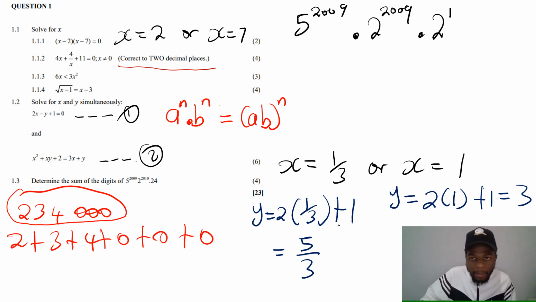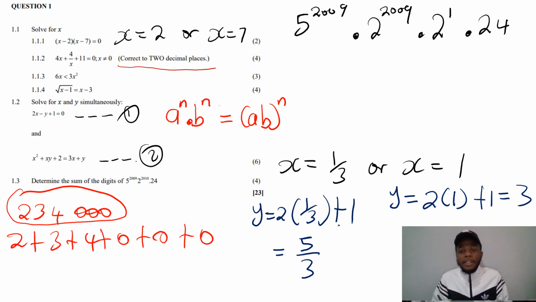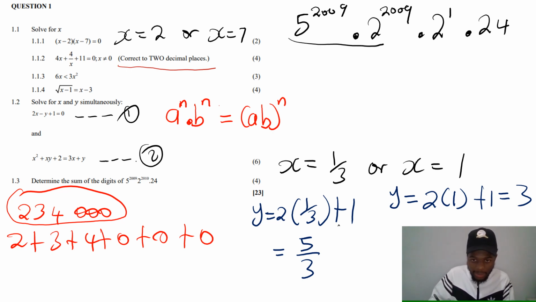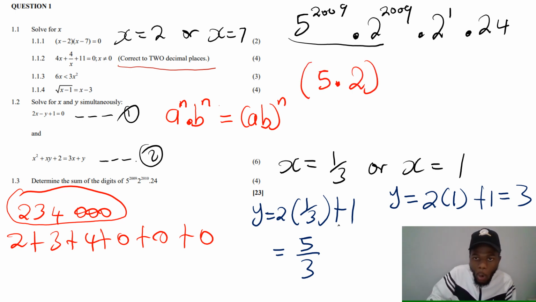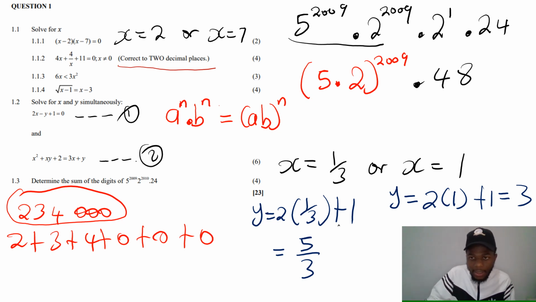And then multiply by 24. This one I'll just leave the way it is. So these two are having the same exponent, you can see the exponent 2009. So we can simply write 5 multiplied by 2 all to the exponent 2009. And then the other one is going to be 2 multiplied by 24, which will give us 48.